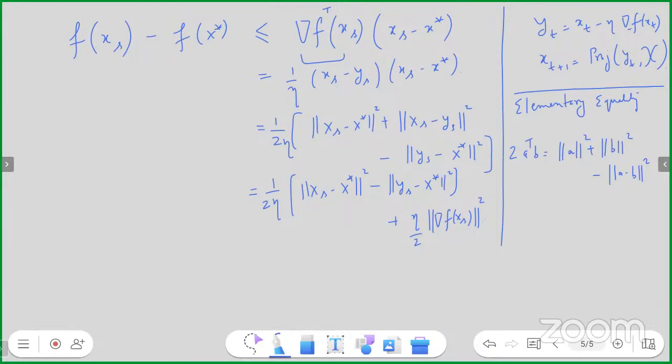If you multiply the form of a square plus b square by a square itself. Okay. So in the second term, it will be like ys minus x star norm times xs minus x star norm whole square, and we can use that inequality here itself.